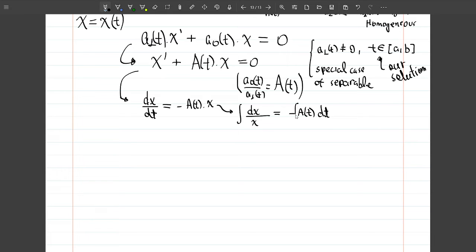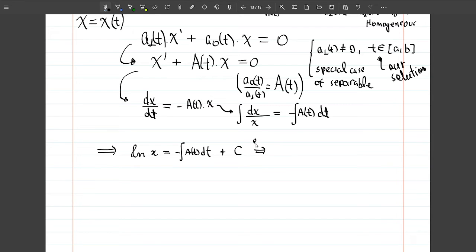Integrating both sides, we know that the integral of dx divided by x is the natural logarithm of our solution x, and we don't know what function that is, so we just write it that way, equals minus the integral of A of t dt. We also know that by those integrations we have a constant. I'm going to call it capital C.